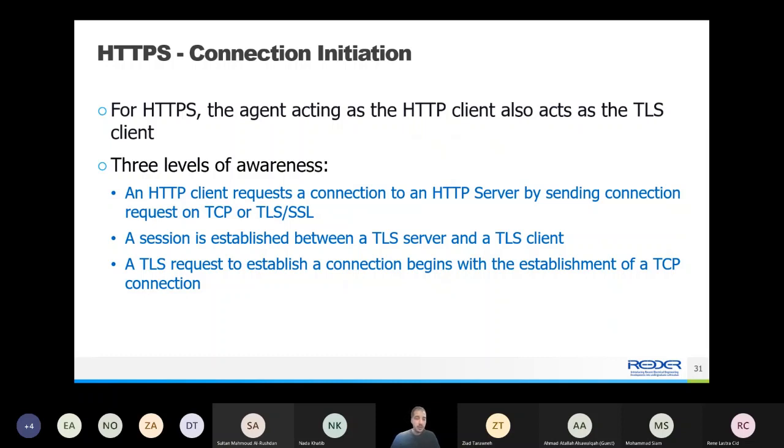An HTTP client requests a connection to an HTTP server by sending connection requests on TCP or TLS/SSL. A session is established between a TLS server and a TLS client, and a TLS request to establish a connection begins with the establishment of a TCP connection. So we start on lower levels, and then we end up with HTTPS, which is on the top of the application layer on an OSI pyramid.